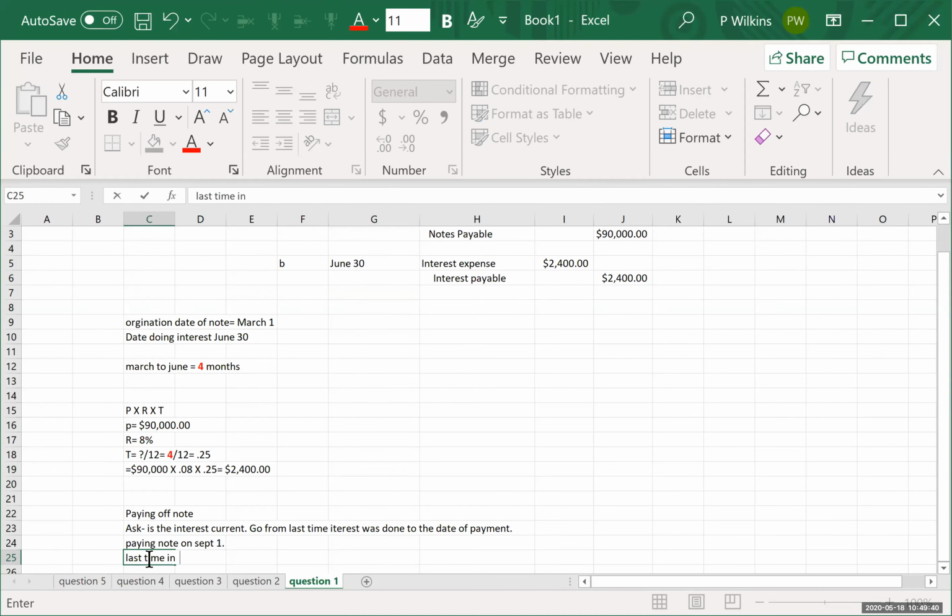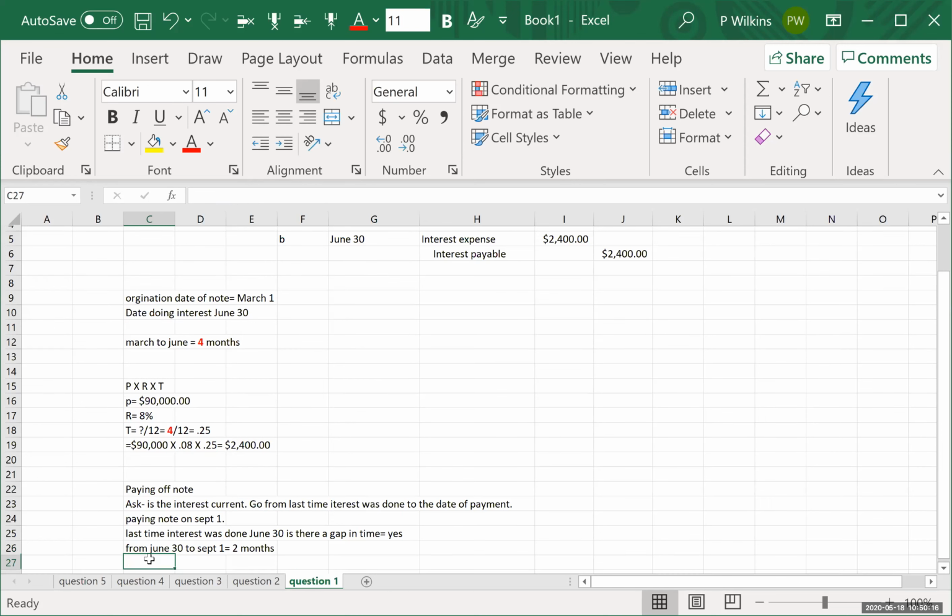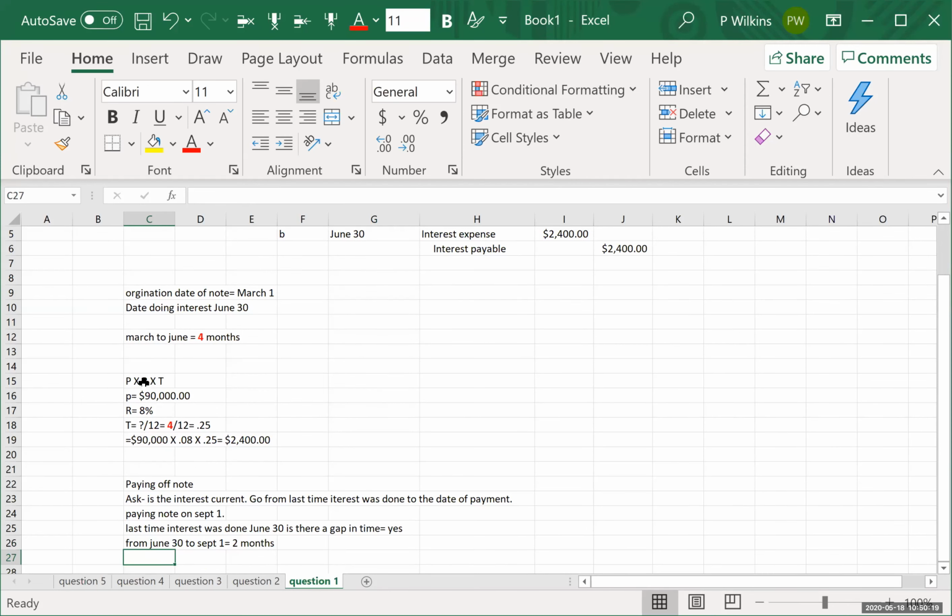Last time interest was done was June 30th. So is there a gap in time? Yes. From June 30th to September 1, we've got all of July and all of August. We've got 2 months. So we need to do an entry to bring the interest current for 2 months.